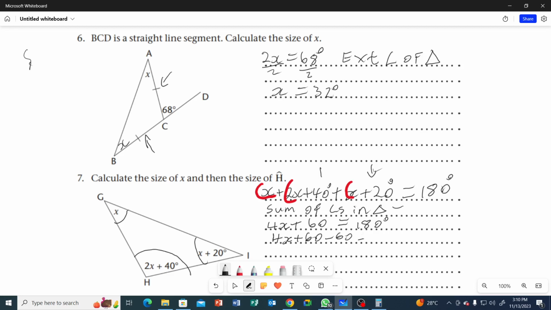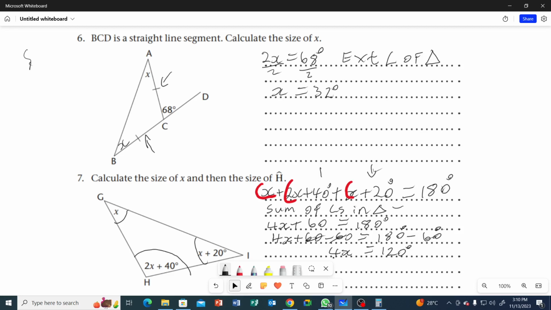Since I subtracted 60 on the left hand side, I'm also going to subtract 60 on the right hand side. Now these two 60s will cancel each other. I'm going to be left with 4x, which is equal to 180 minus 60, which gives us 120 degrees.